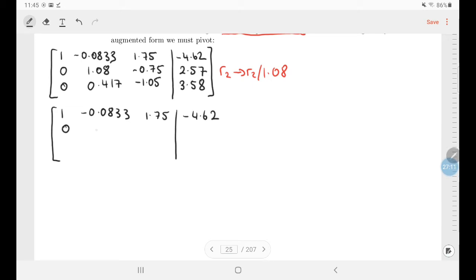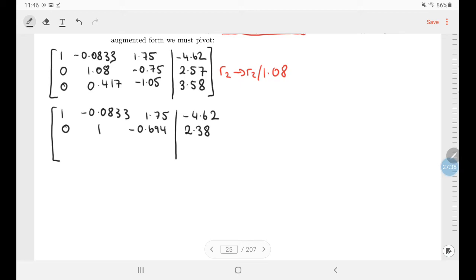I get 0, I get 1. Now I go to the calculator. Minus 0.75 divided by 1.08 is minus 0.694. And I get 2.57 divided by 1.08, I get 2.38.